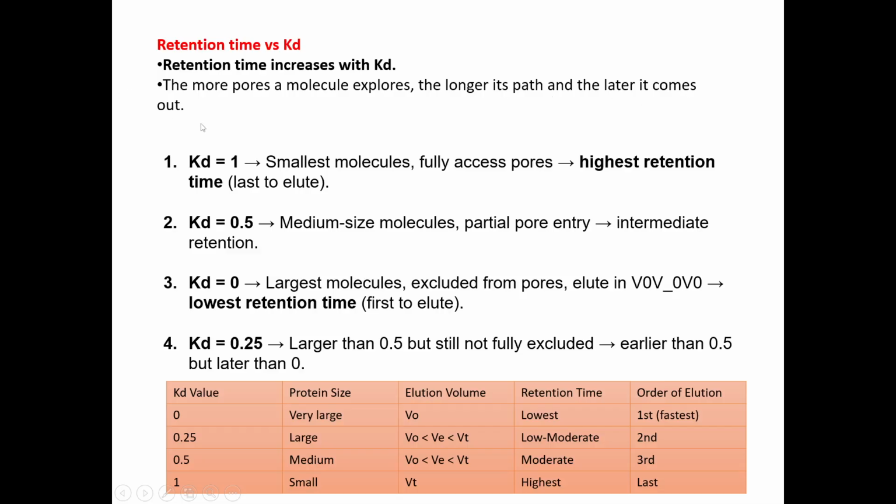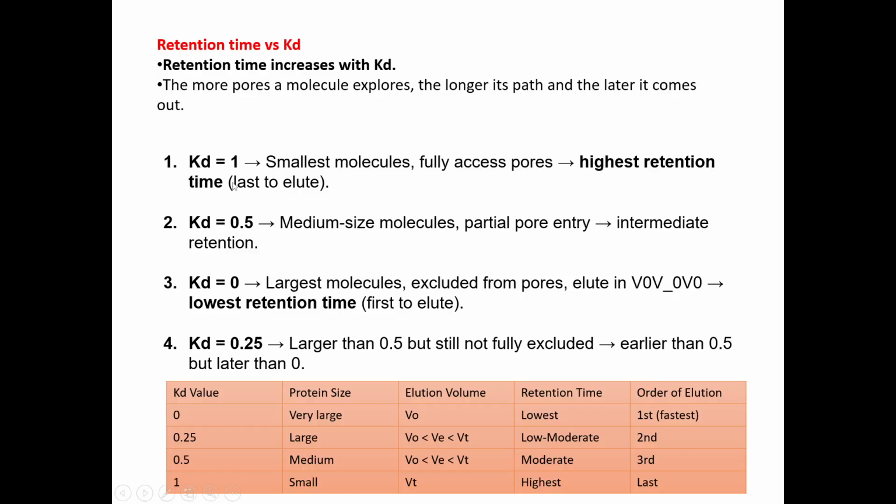That means if the protein is small, it will enter all the pores possible in its path, take a much longer route, and come out at the end when you're eluting it.